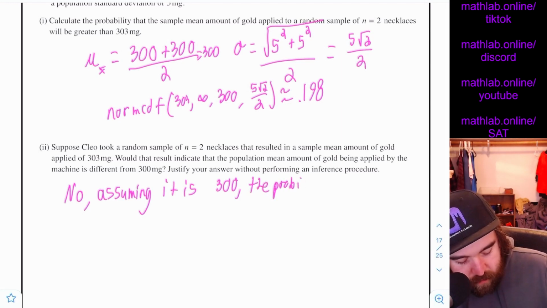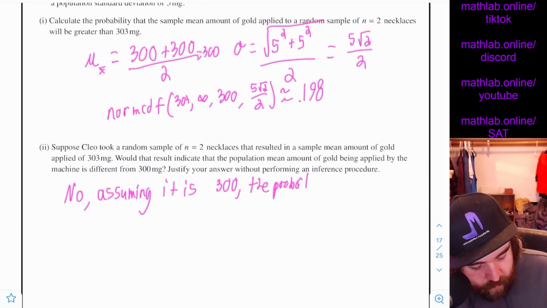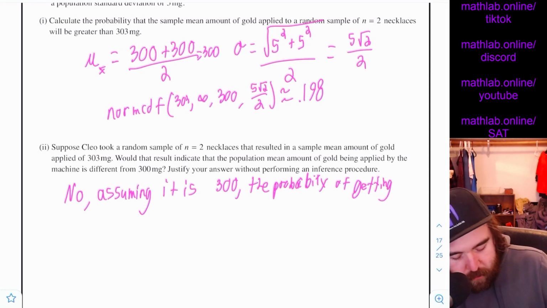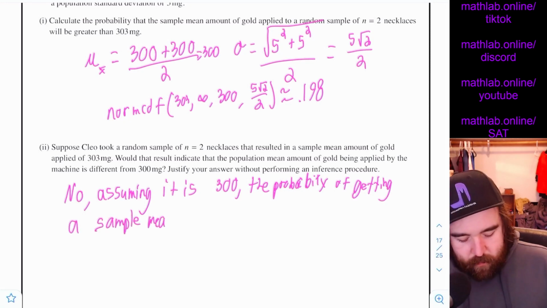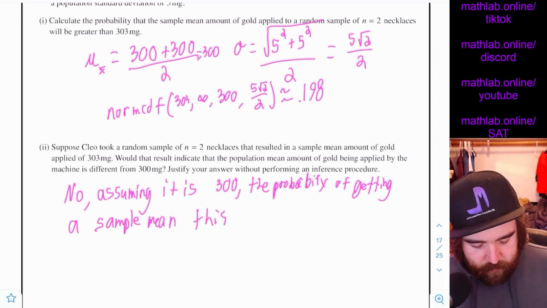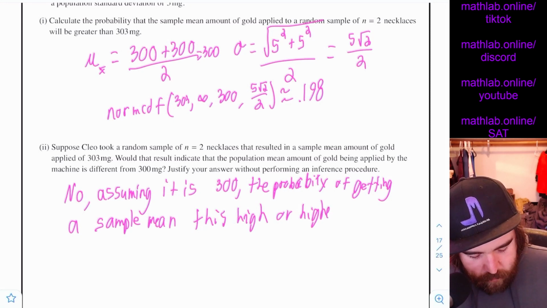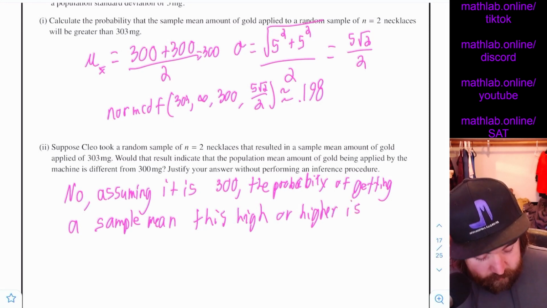Wow, we had to do 3 inference tests. The probability of getting a sample mean this high or higher is 0.198.